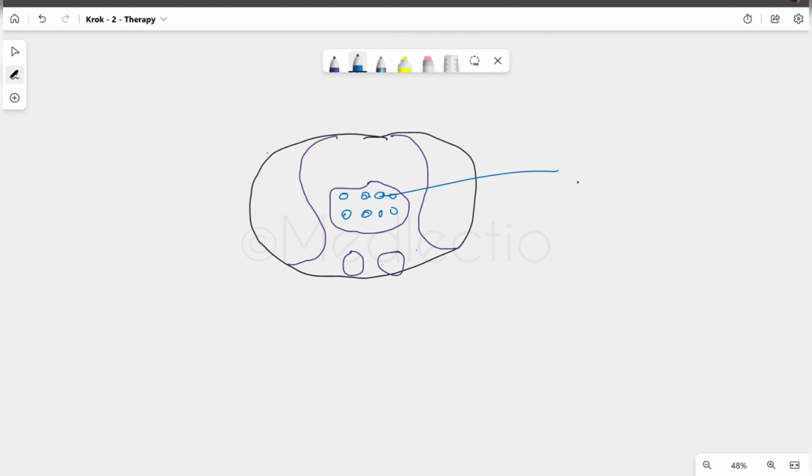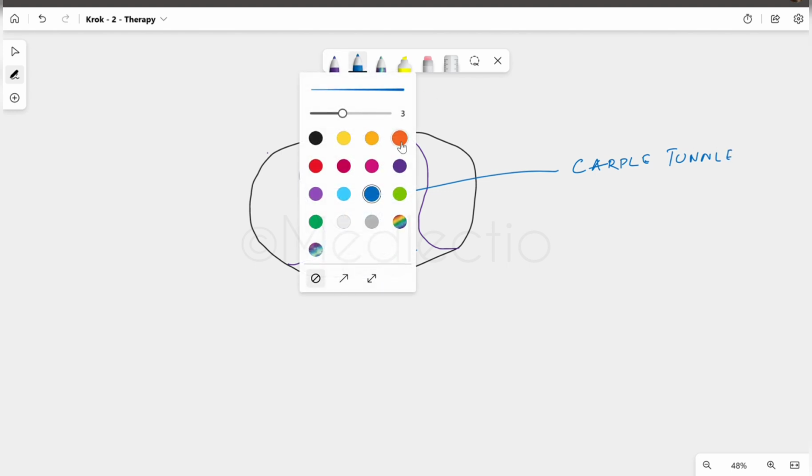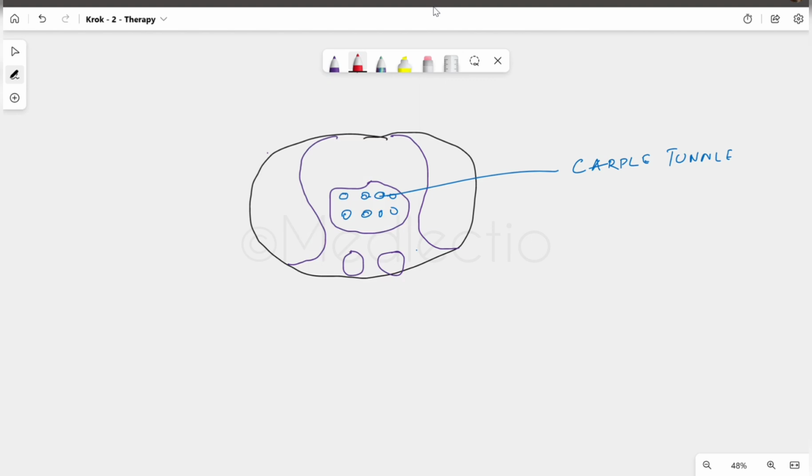So this is the carpal tunnel. And what happens, as you can see, here we have our median nerve.